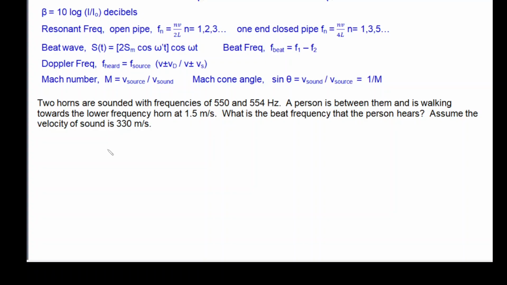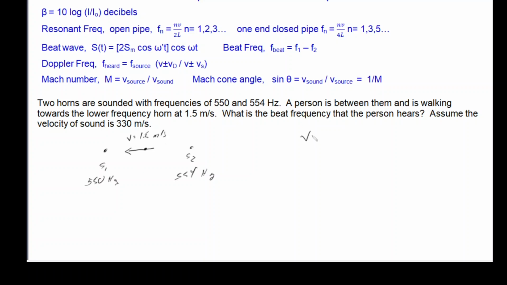So let's make a little diagram. Here's our first horn, source 1 at 550 hertz. And here's source 2 at 554 hertz. And the person is walking between them with a velocity of 1.5 meters per second.